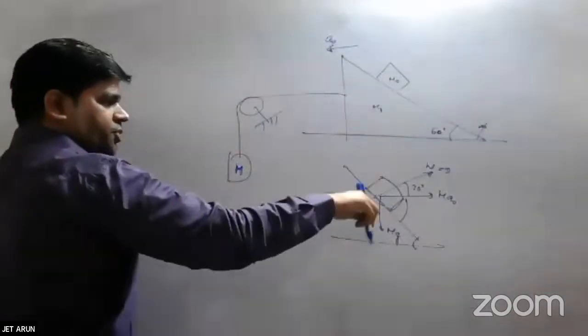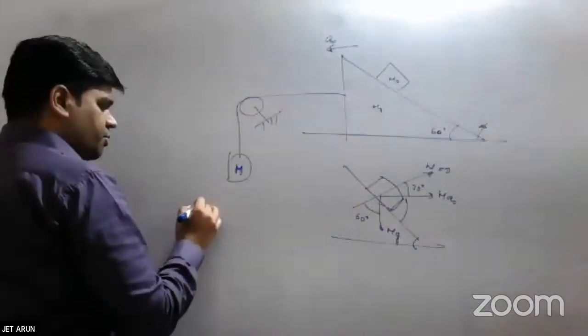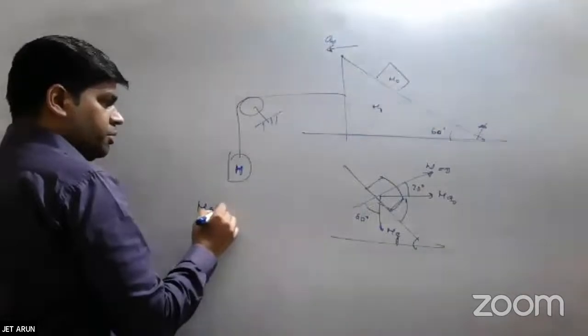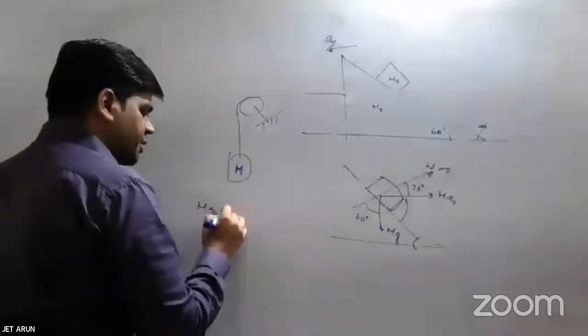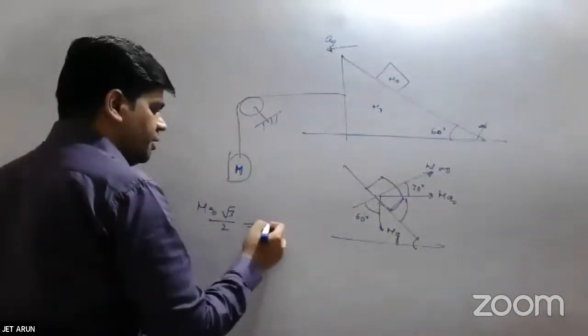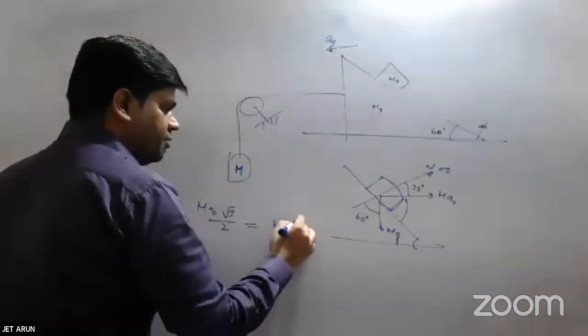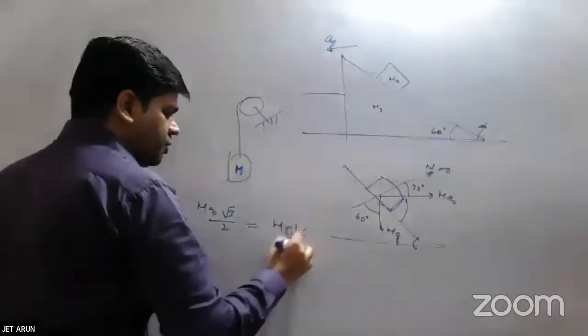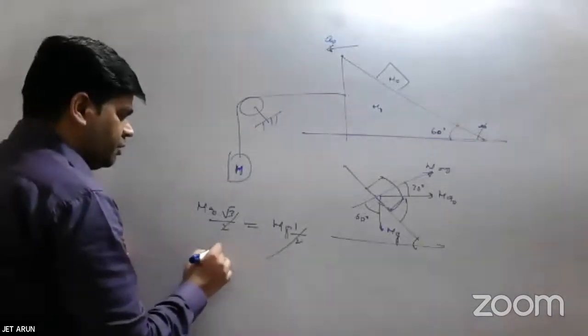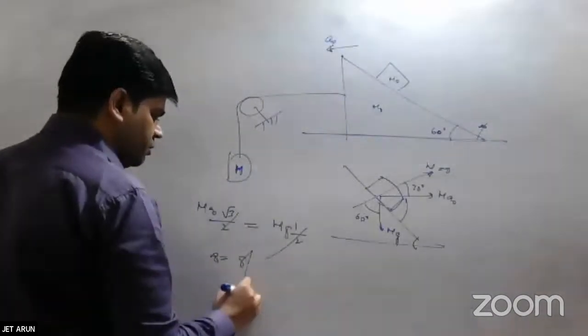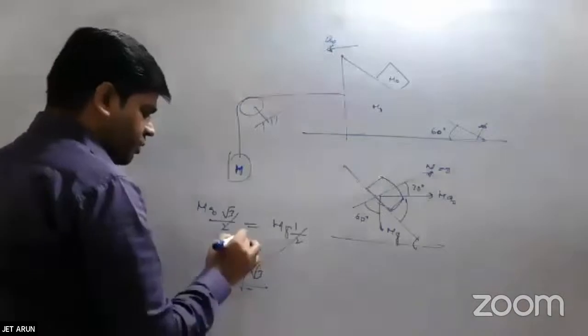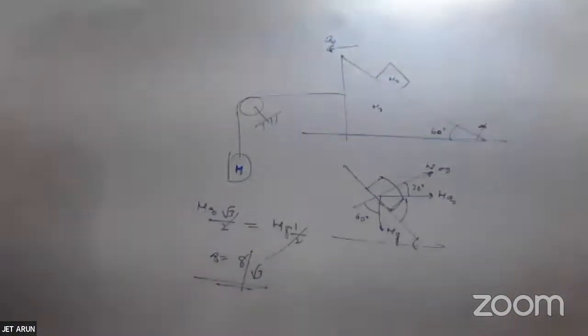So m a cos 30 should be equal to mg cos 60. cos 30 is root 3 by 2, should be equal to mg times cos 60, 1 by 2. The 1 by 2 gets cancelled out. So a naught is equal to g by root 3.